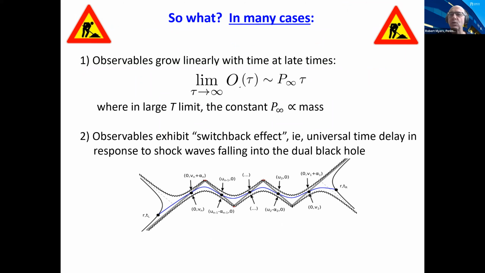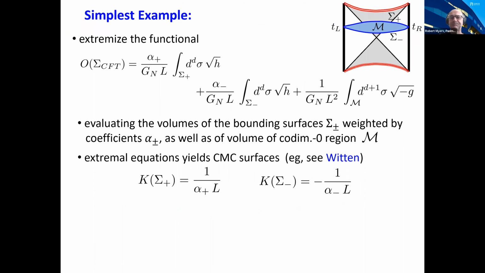It's quite a general feature, but I can say that in many cases I get these same two robust features: linear growth proportional to the mass, and the switchback effect for these new codimension-zero observables. And again, they seem to be good candidates for holographic complexity.